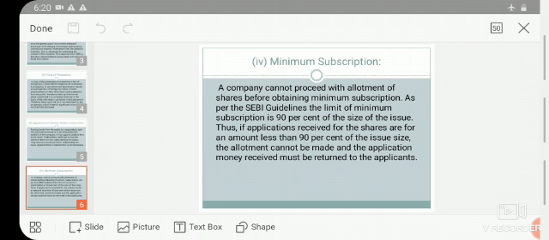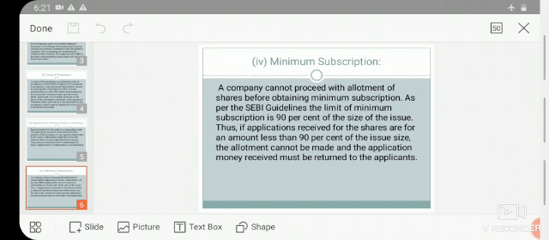That means if applications received for the shares are for an amount less than 90%, then the allotment cannot be made, and whatever application money received so far must be refundable to the applicants, because the company fails to get the minimum share application money, that is, 90% collection is not possible.